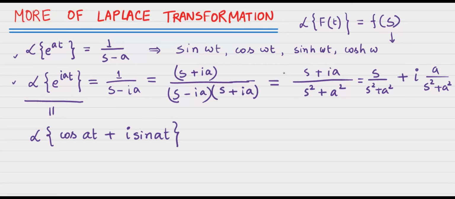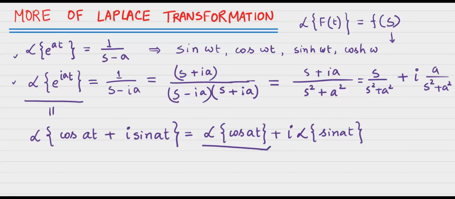By the law of linearity, we can write it as the Laplace transformation of cosine of at plus i times the Laplace transformation of sine of at. The real part here should be equated to the real part there, and the imaginary part here should be equated to the imaginary part there. So finally, we end up with these results.